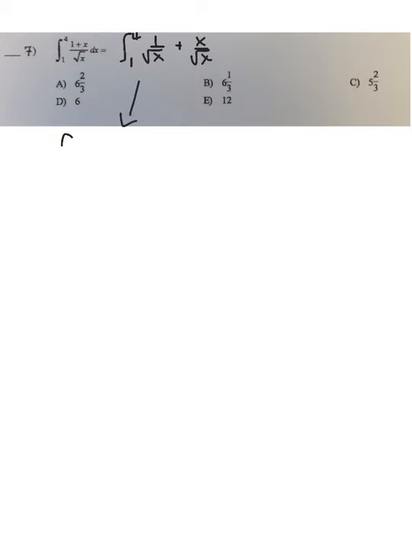So then I would keep this from 1 to 4, and 1 over radical x is really x to the negative 1/2, plus, and then this guy right here is really x times x to the negative 1/2 power. So remember, when you have the same base, you add the exponents. So that's going to be x to the 1/2.